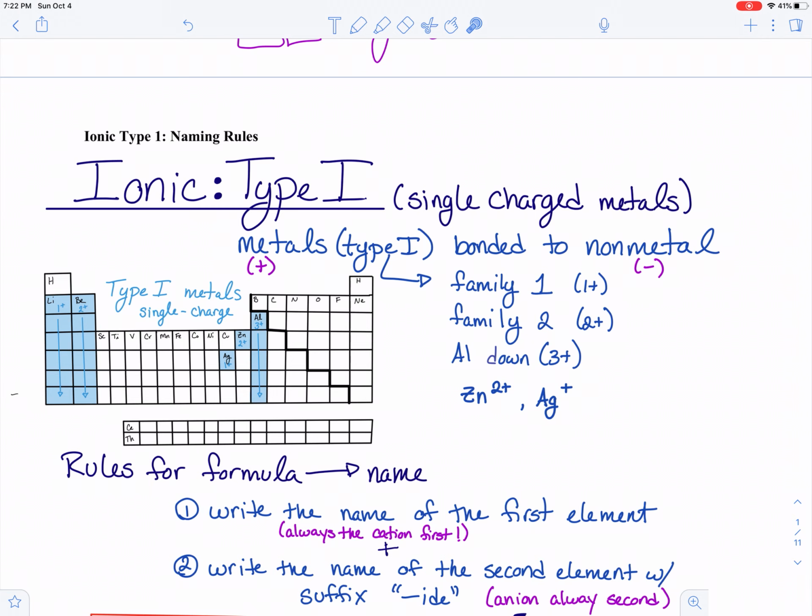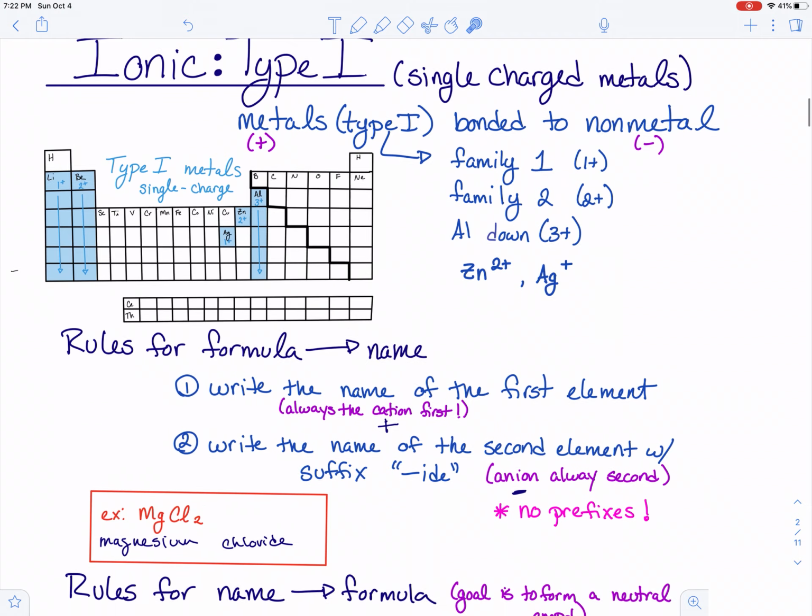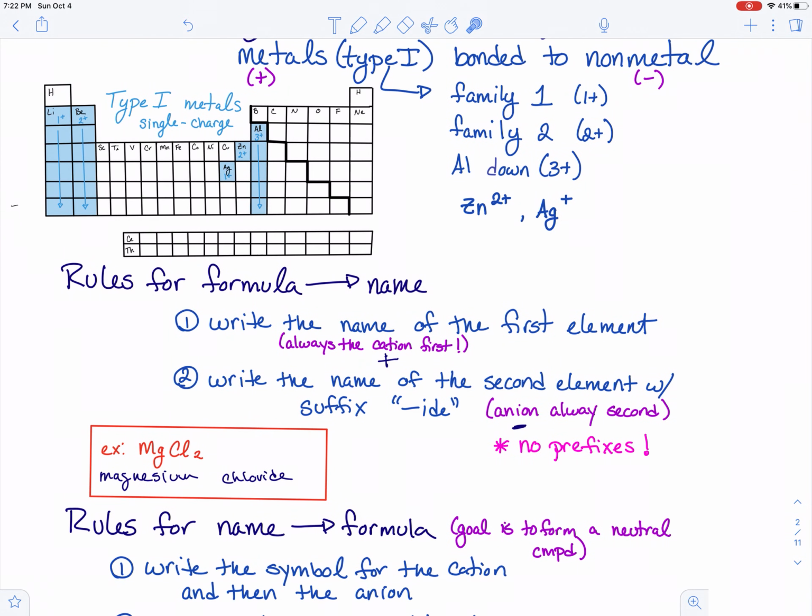So here are our rules for naming an ionic type 1 compound. Now remember, it's got to be a metal bonded to a nonmetal, so a cation bonded to an anion. And we will always write the cation first. So here are the rules for going from formula to name.